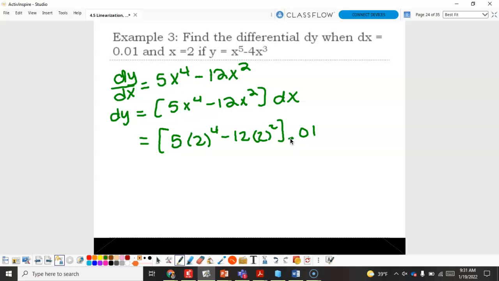So 2 to the 4th, 16. 16 times 5, 80. 2 squared is 4 times 12. So 80 minus 48. 32. And then 0.01. Yeah, 2 places, so it'd be 0.32. Yes. I was going to show you that, like, I can divide it by 100.